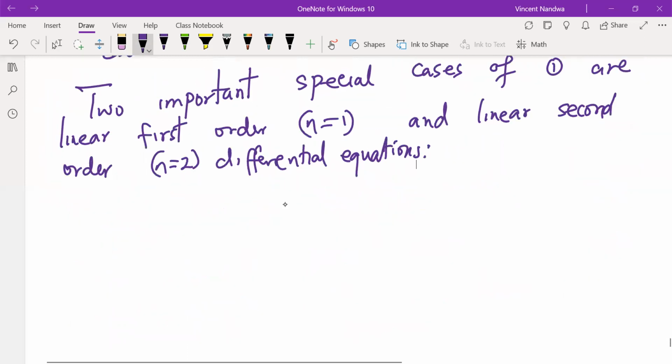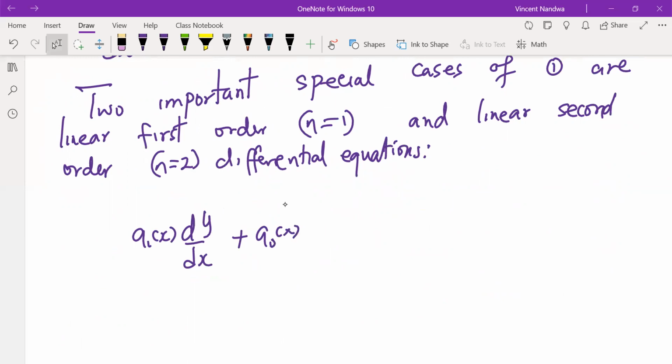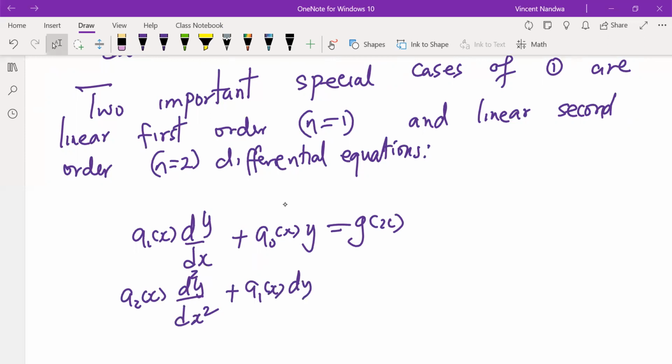These are a_1 of x dy/dx plus a_0 of x y equals g of x, and then we have a_2 of x d squared y/dx squared plus a_1 of x dy/dx plus a_0 of x y equals g of x.